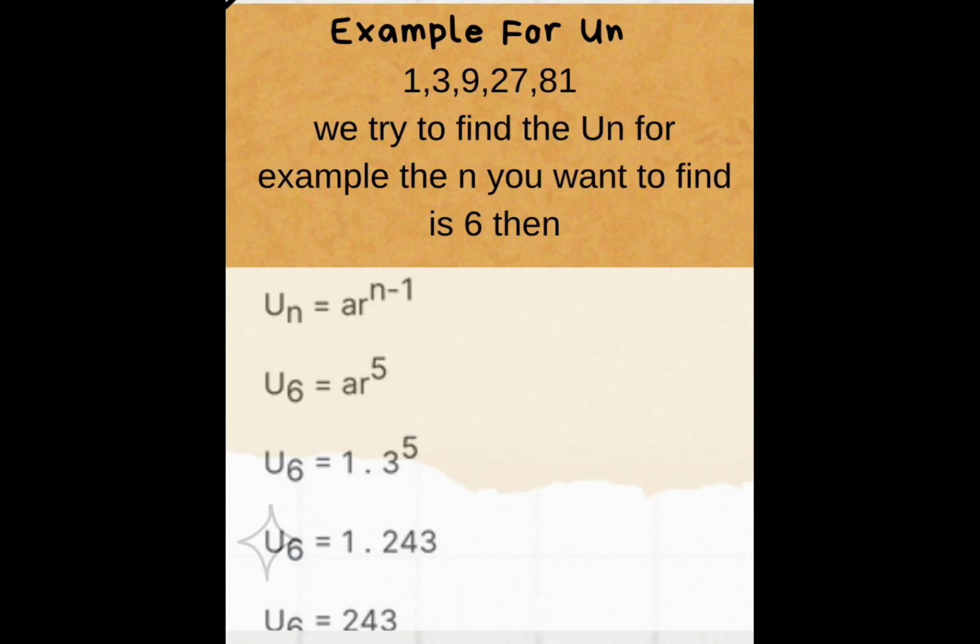So U6 is equal to 1 times 3 to the power of 5. So U6 is equal to 1 times 243. So U6 is equal to 243. So the answer is 243 for the example of Un, where we find the 6th term.